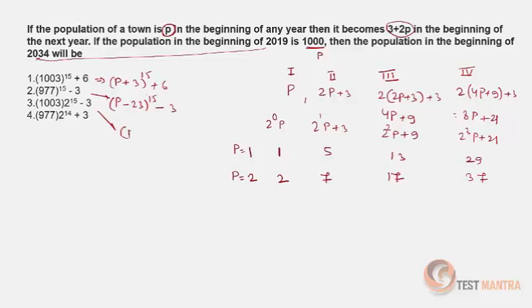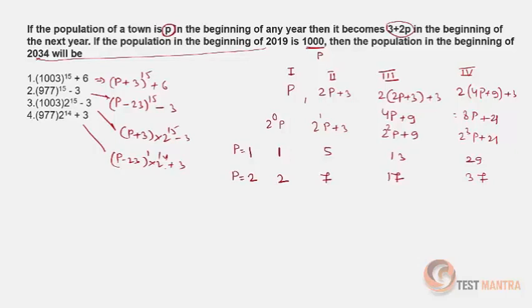This value is p plus 3 into 2 raised to 15 minus 3, and this value is nothing but p minus 23 into 2 raised to 14 plus 3, right?